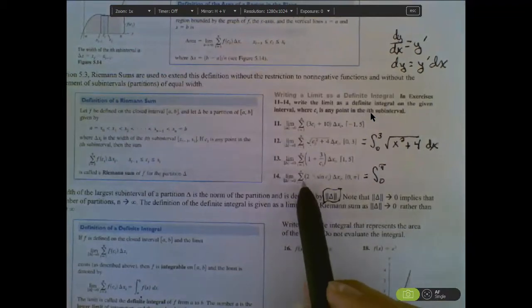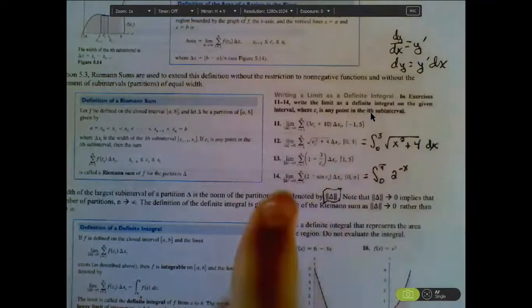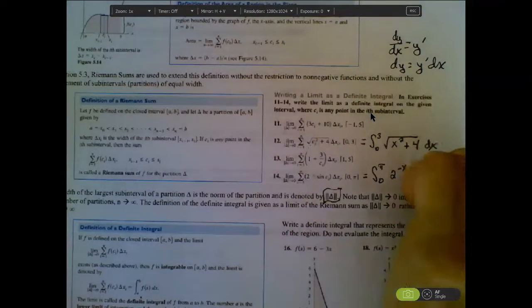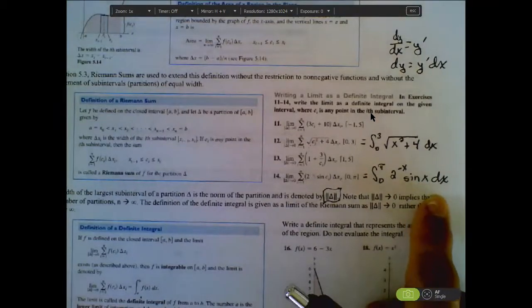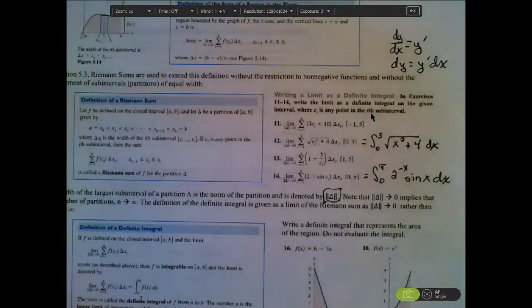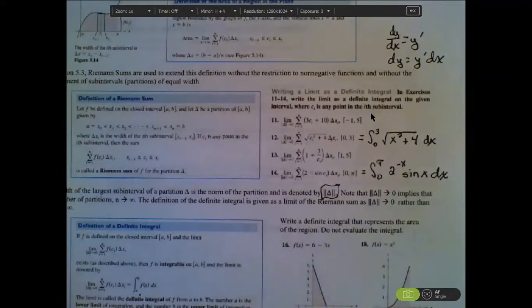So this would be 2 to the negative x sine of x, and then dx, which is the differential in x. So that's all we have to do in the first problems: write the limit of a Riemann sum as a definite integral.